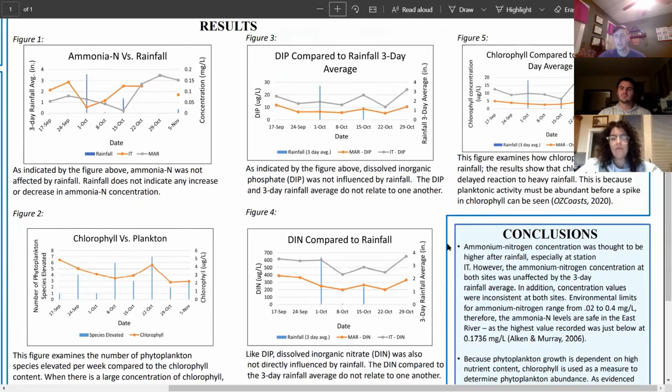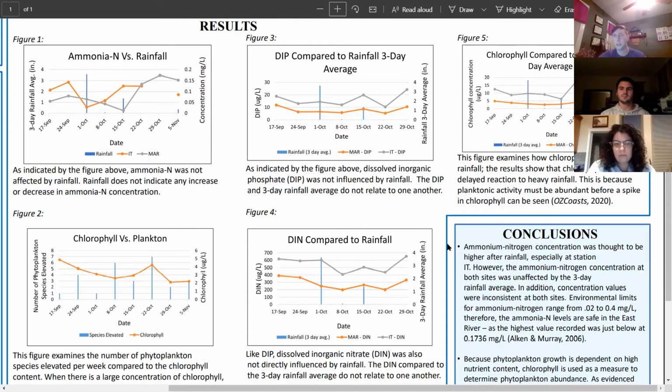Overall, we concluded that ammonium nitrogen at both sites, which we thought would be higher after rainfall, was not. This was the only graph in which IT and MAR had different results. We had some days where the nutrient concentration was higher at MAR and others where it was higher at IT.